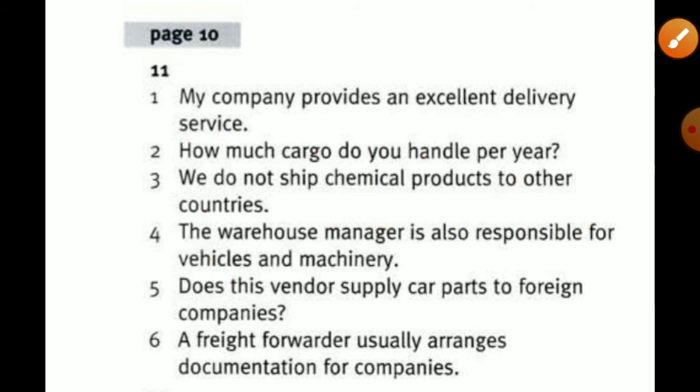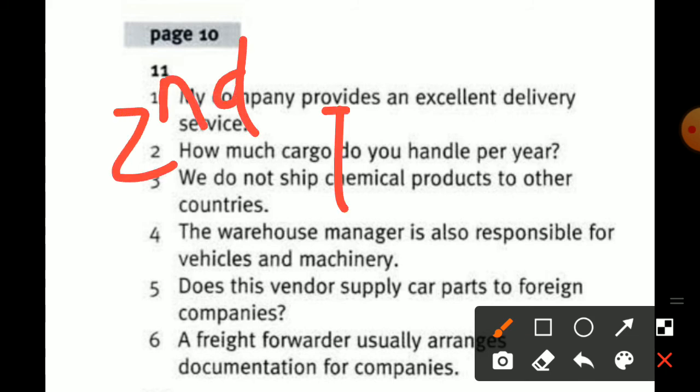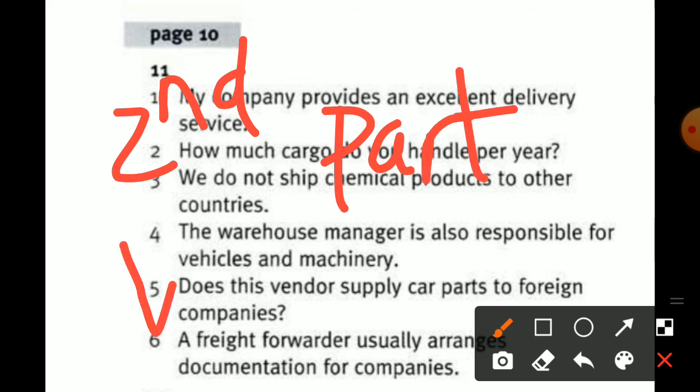Write out all the correct sentences like this. Then I would ask you which word shows the second part of a sentence. We realize certainly that it is the verb.